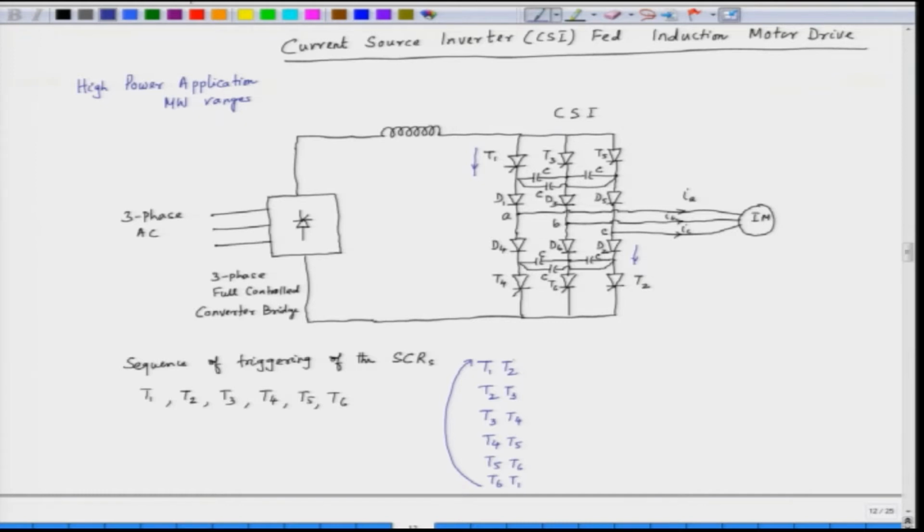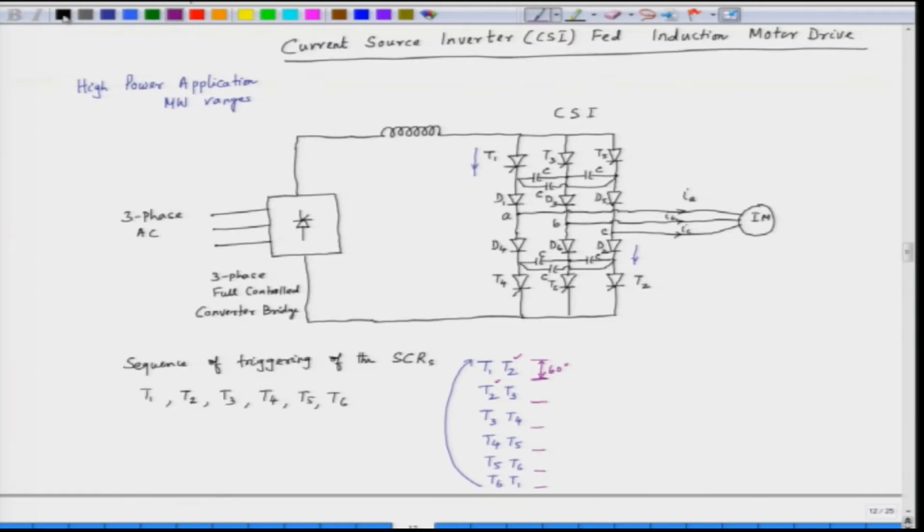Here we have T1 and T2, and then T3 again. Each interval is 60 degrees, and an SCR conducts for 120 degrees.